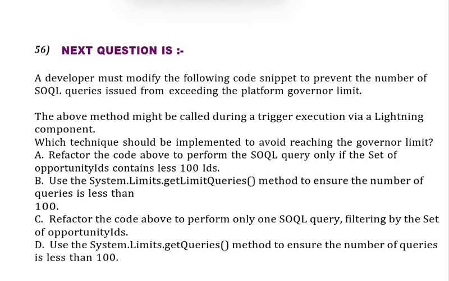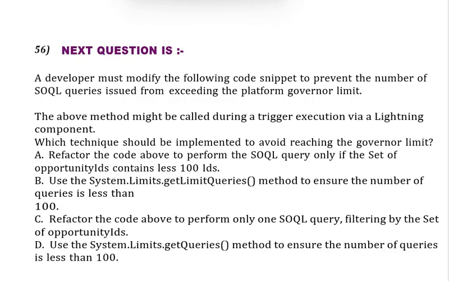Option A, refactor the code above to perform the SOQL query only if the set of opportunity IDs contains less than 100 IDs. Option B, use the System.Limits.getLimitQueries method to ensure the number of queries is less than 100.